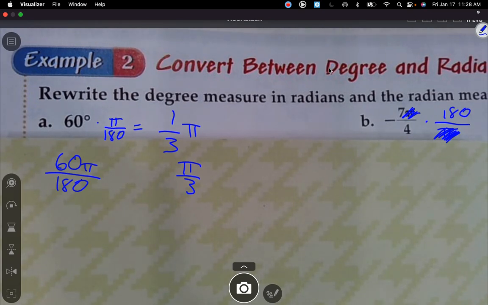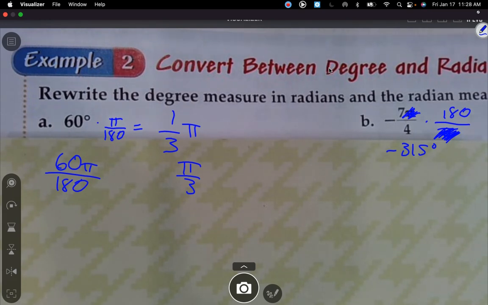Now this one, you multiply by 180 over pi, your pi's cancel out, and that's just a calculator problem. -7/4 times 180. What did y'all get? -315. There you go, that's -315 degrees. I went from radians, so now I know -7 pi over 4 is the same thing as -315 degrees on my unit circle.